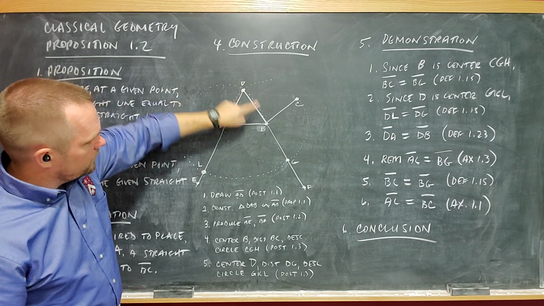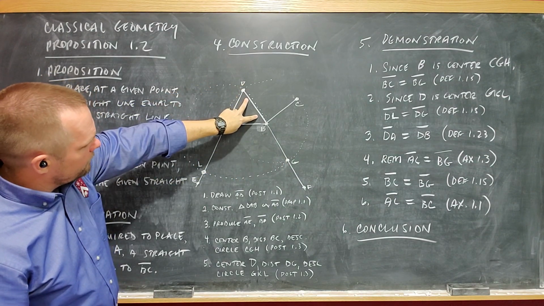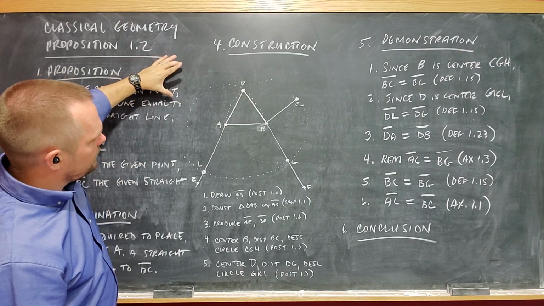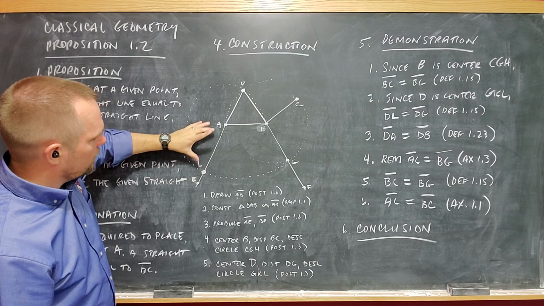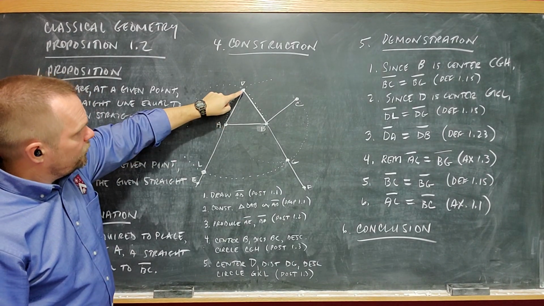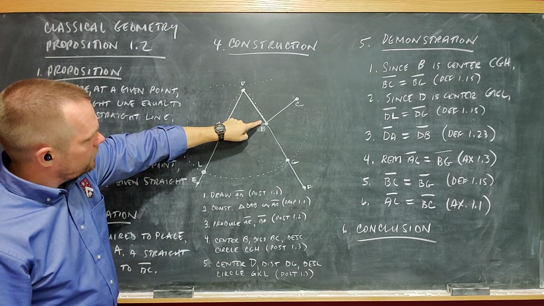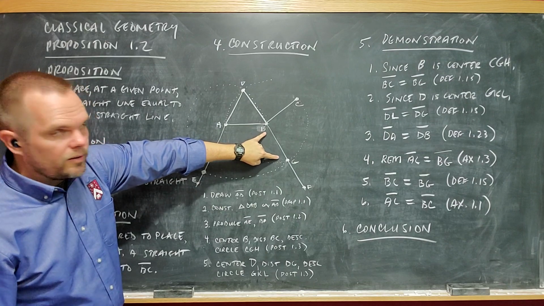DL is equal to DG. DA is equal to DB. If we subtract DA from DL, we're left with the remainder AL. If we subtract DB from DG, we're left with the remainder BG.